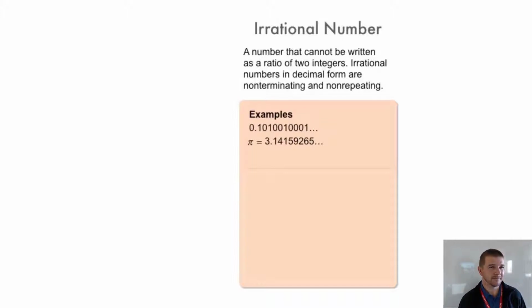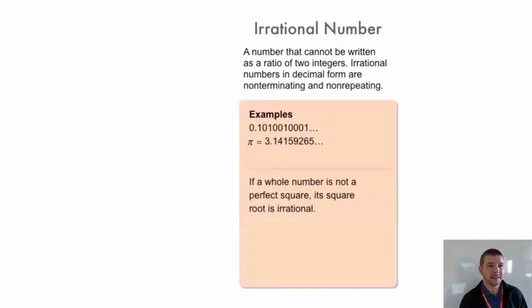And pi, 3.14159265, and so on. Both of these, when written in decimal form, are non-terminating, so they go on forever, and also non-repeating. Even though the first one seems to have some sort of pattern going on, it's not repeating itself like it would if it were 0.101010. It's a different pattern.